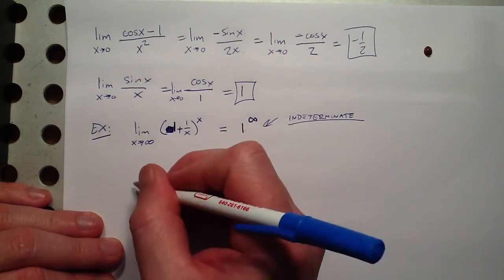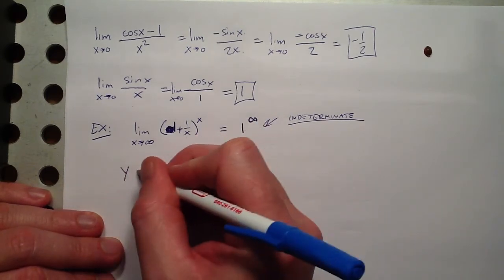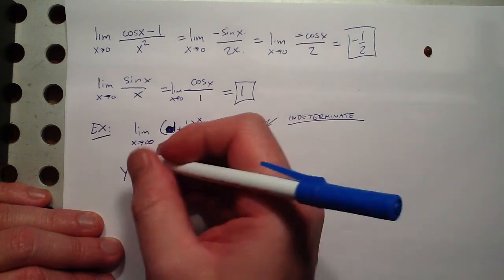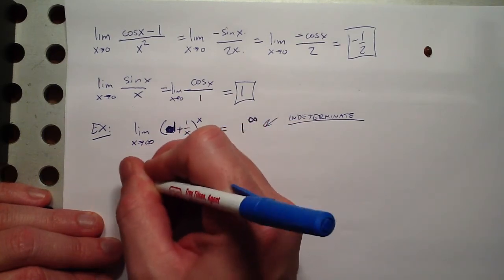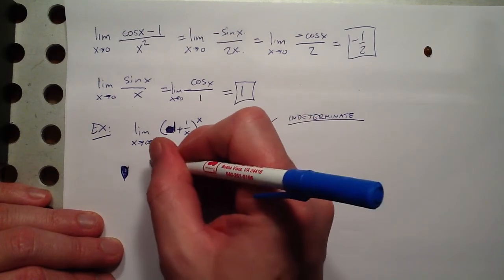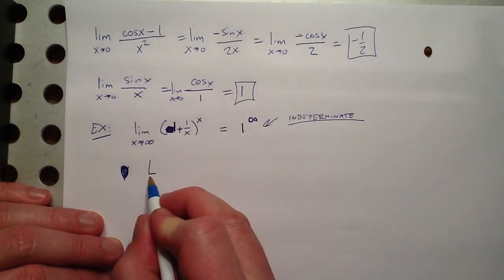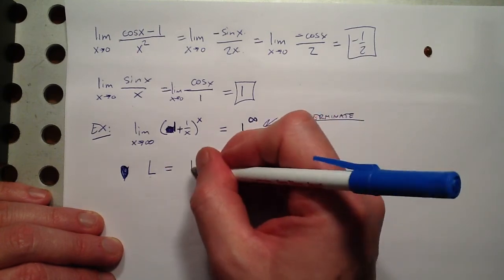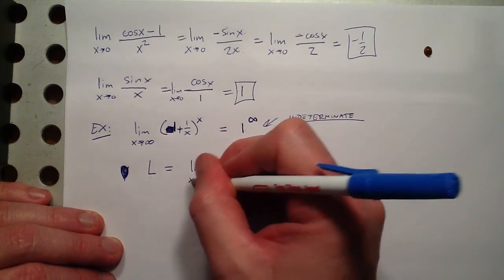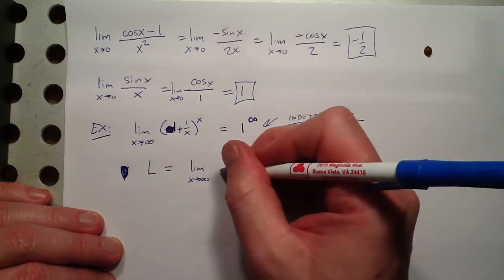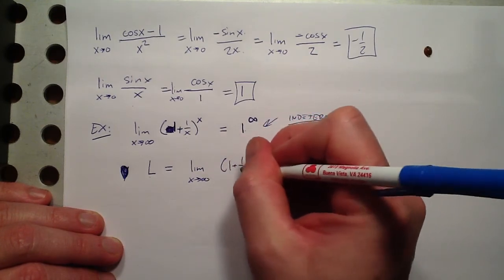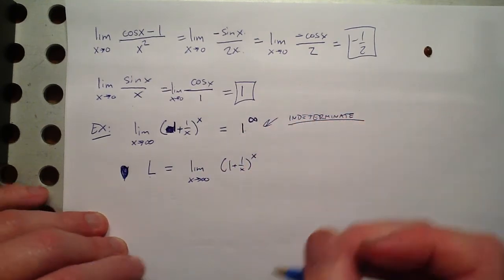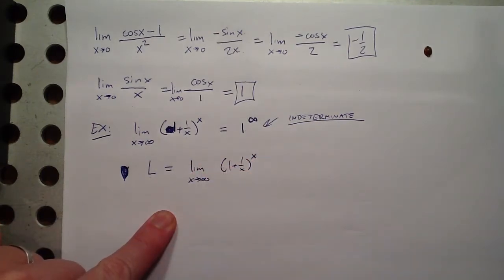And show you what I mean. Let's not make it look like a function. Let's let L, we'll say that's the limit. The answer that we're looking for is L, right? Let L equal the limit as x approaches infinity of 1 plus 1 over x to the x. Then I'm going to take the natural log of both sides. Why would I do something crazy like that?